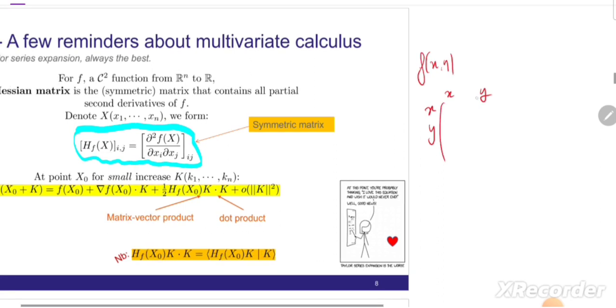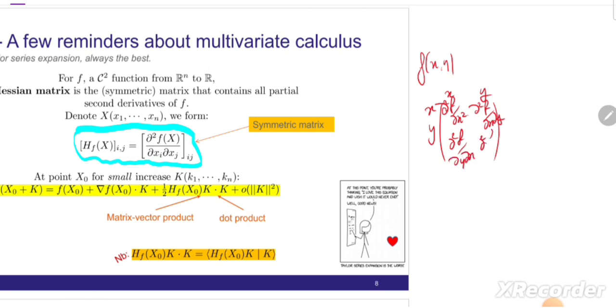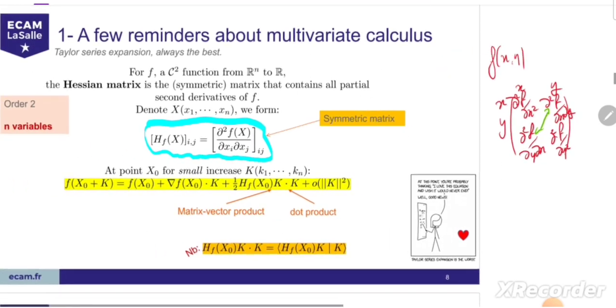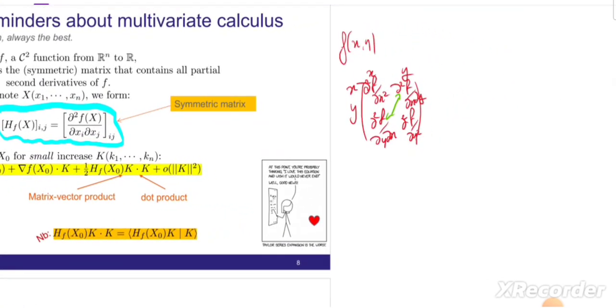So what do we have in that Hessian matrix? d2f dx2, d2f dx dy, d2f dy dx, d2f dy square. And of course, this is going to be a symmetric matrix, as those 2 terms are supposed to be equal to each other.